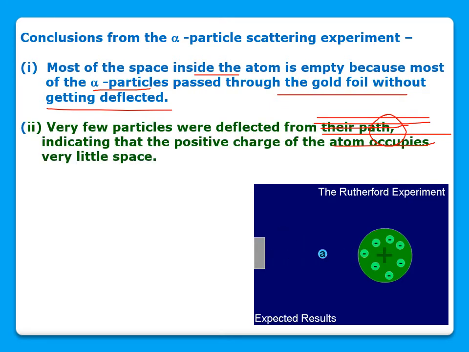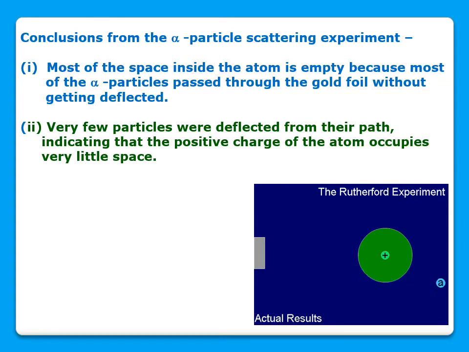Now let me come to the second point. Very few particles were deflected from their path. And what does this indicate? It indicates that the positive charge of the atom occupies very little space, right? See, alpha particles are positively charged particles.